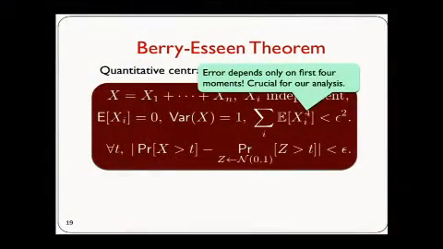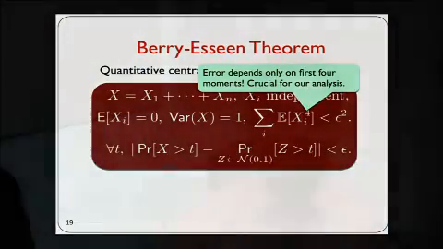Yeah? So normally when I've seen the Berry-Esseen theorem, it only goes up to the third moment, and I think there's a constant factor outside the epsilon. Is it really important to go to the fourth moment? Basically, it's usually stated with the third moments, but there's an absolute value inside.